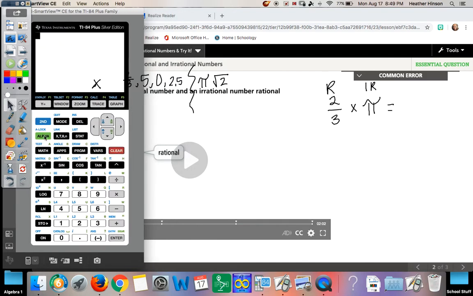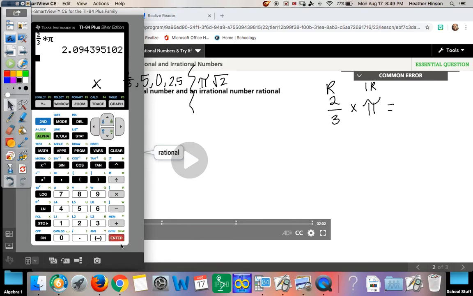So 2 over 3, we're going to put alpha y equals 2 over 3, and then times pi. Pi is this little blue button right here below clear. So to get that, we're going to hit second and this little up button right here. It's called a caret or a rooftop button. But hit second and hit that little up button.